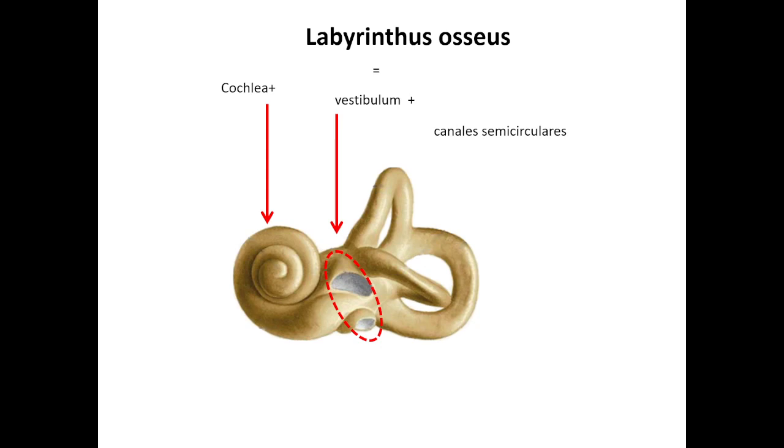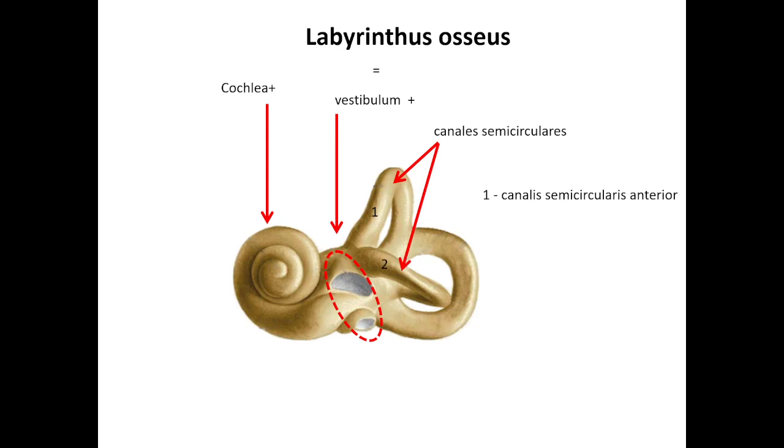Semicircularis, how can we translate? Half of the circle. So, canales semicirculares, here, there are 3 of them, in 3 perpendicular to each other directions. Number 1 is canalis semicircularis anterior.